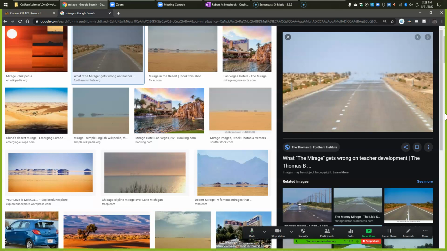Right. Correct. So what's happening is, you're correct in thinking that that road is hot. So the air right above the road, that's basically in contact with the road, what's happening to it? It's being heated up. So when something gets hot, what happens to it?